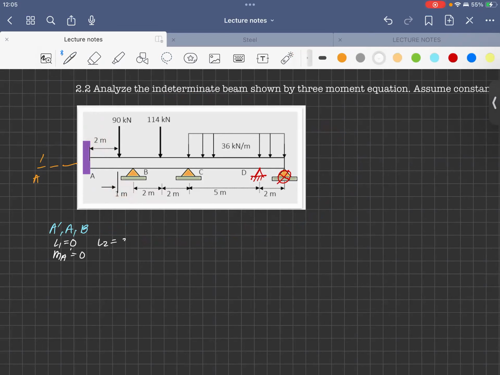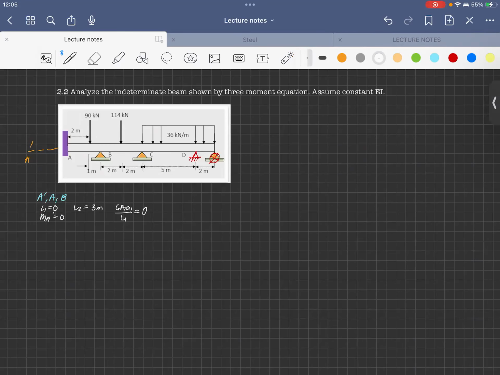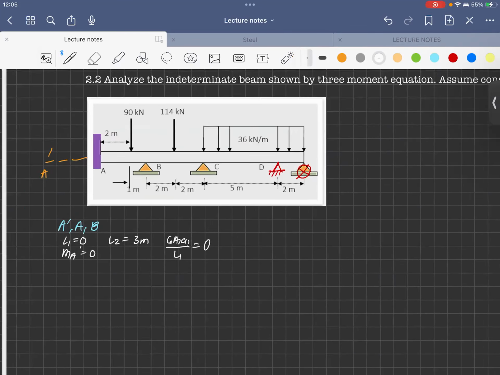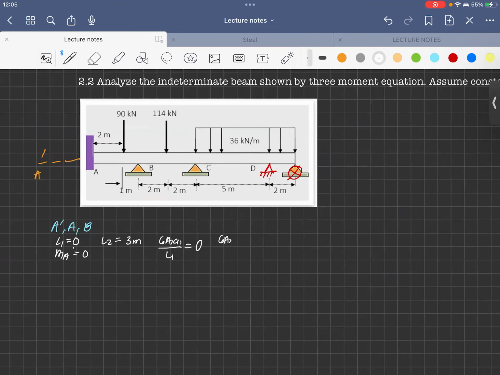It will be 3 meters. Then your 6A1 over L1 is equal to 0. It's 0 of course because it's imaginary. And then your 6A2 over L2 is equal to PB. I'm going to write it here directly. PB, your B is the AB. So your PB is 90 times 1 over the total length 3 times 3 squared minus 1 squared.